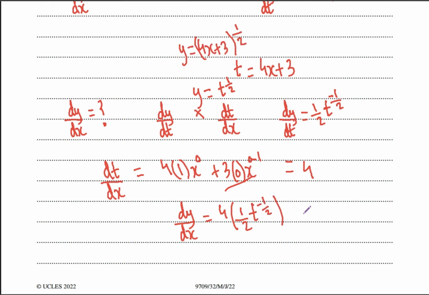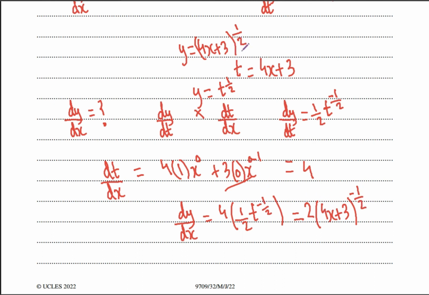Well, remember, it has to be in terms of x, but we know what t is in terms of x. So we can do 4 divided by 2 straight away. We have 2, and then t is just 4x plus 3. So you're left with (4x + 3) to the negative a half. And that's it. That's the derivative of this function right here.